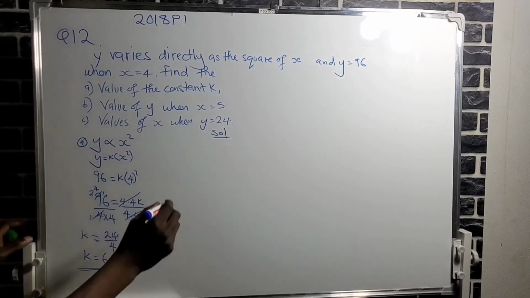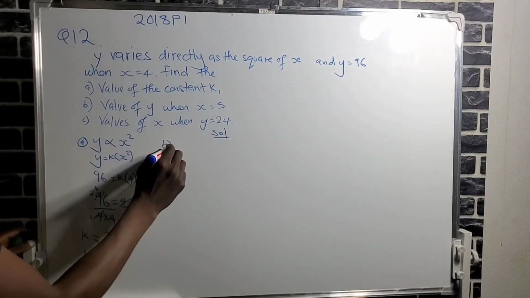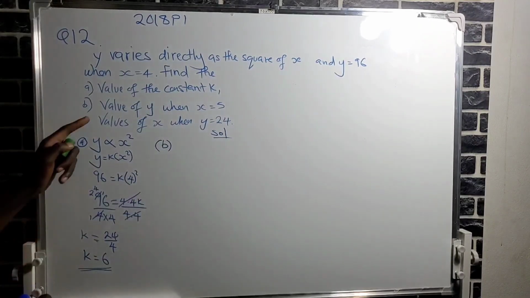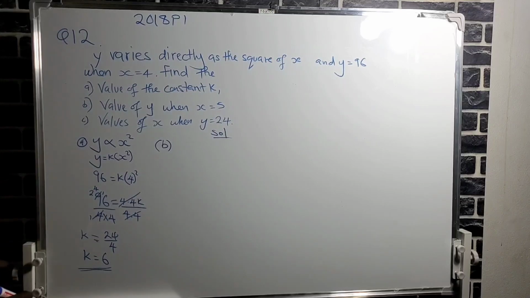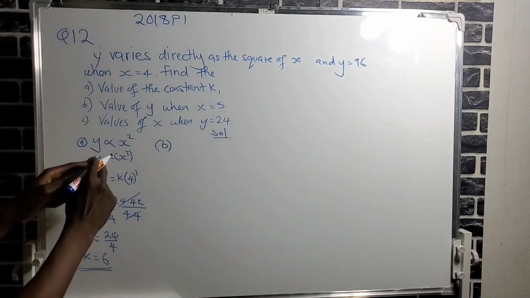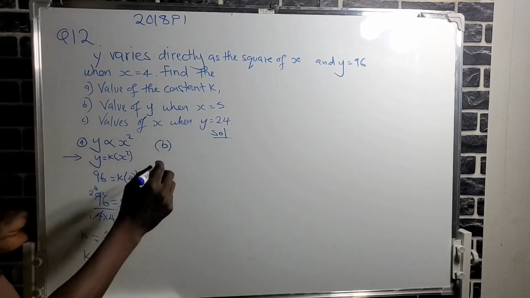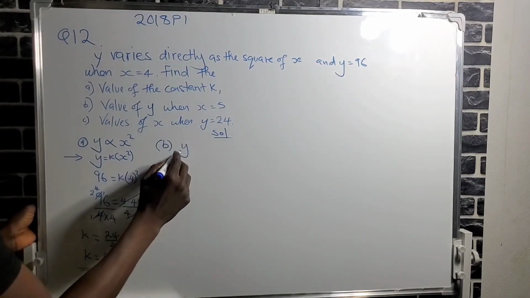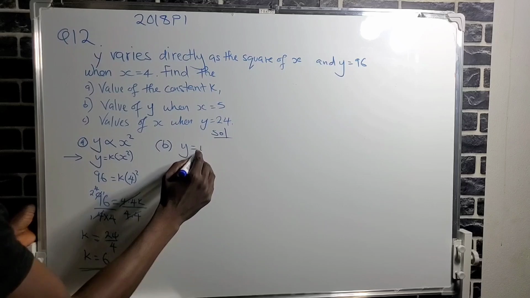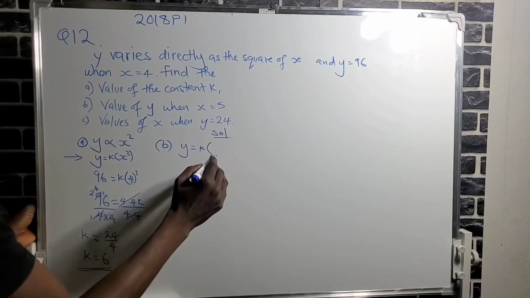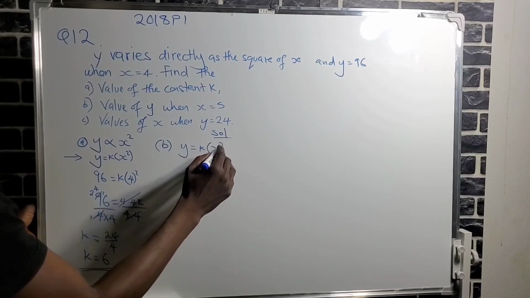Let's go to question B. Find the value of y when x is 5. So this is our formula. We're going to get y is equal to k, open bracket, x squared.